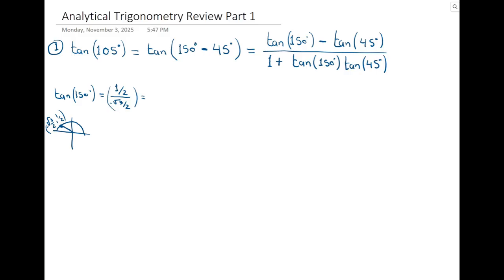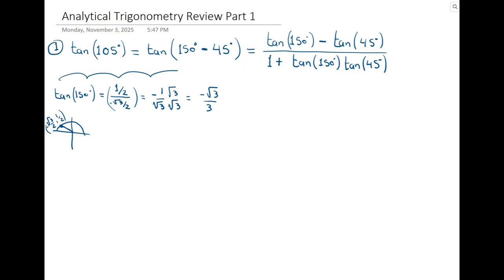And when you simplify that, you're going to get negative 1 over root 3, and then you rationalize the denominator by multiplying top and bottom by root 3, and that will give you negative root 3 over 3. So that's my tangent of 150, and I'm going to need it here.